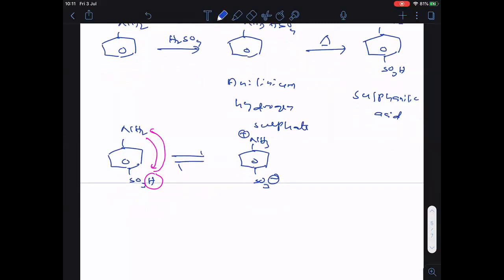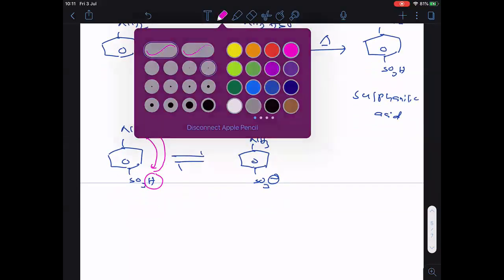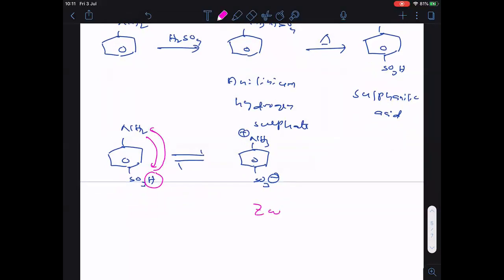SO3 minus. So the ion which is formed here is called as the Zwitter ion. Clear? About Zwitter ion you will read in your biology very clearly.